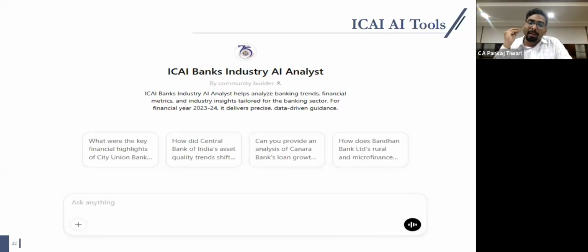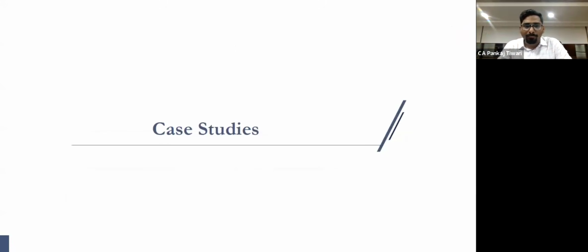It's a fantastic tool, my friend, available free of cost from the ICAI to help us analyze financial statements. Obviously, it is restricted to listed companies as of now.